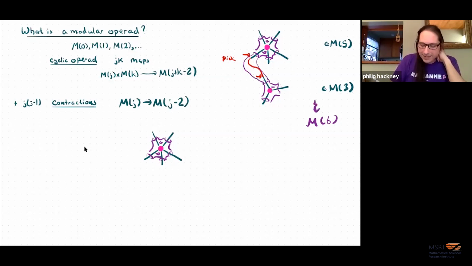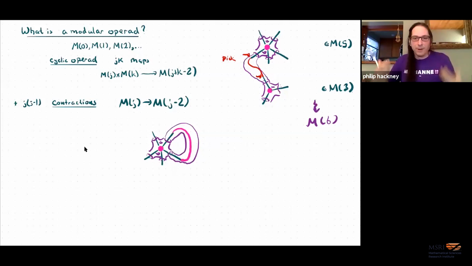So again, we pick two edges, and then we glue these edges together, and we can again fill in a cylinder. So we just start with one thing, but we produce something with fewer inputs. And we've used two of those up.